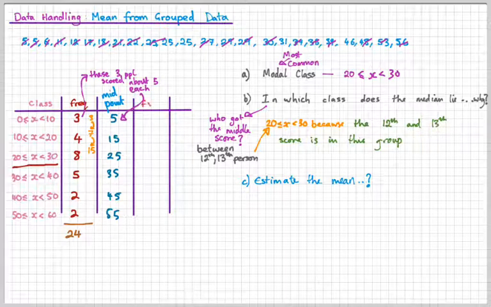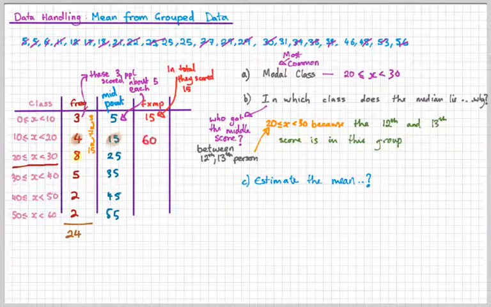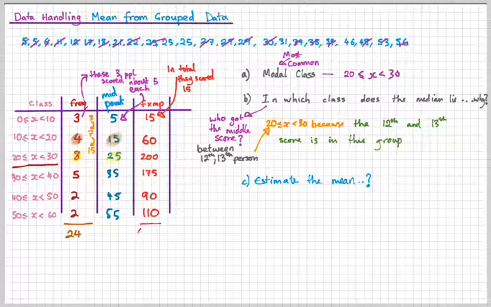So what did they score in total? Well, if those 3 people scored 5 each, then in total they scored 15. Similarly for the next one, if those 4 people scored 15 each, then in total they scored 60. Carrying on, we fill in this table. The total of all the scores was 650.